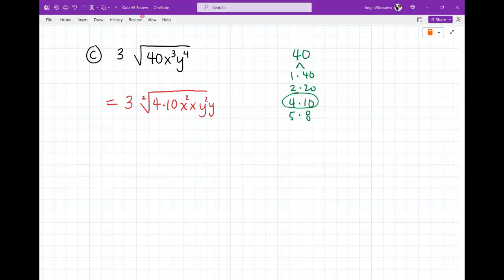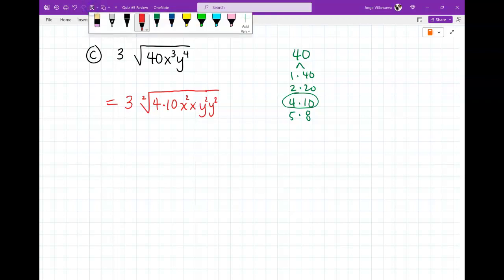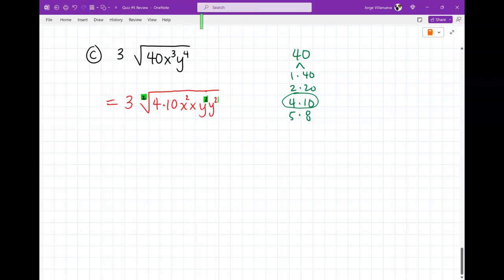Y squared, y squared. So let me just highlight this really quick just so we can do that on our next step. The ones that have powers of 2, those letters are going to come out. Okay? So there'll be an x that comes out, a y, and another y. Okay, so 2 y's will come out, 1 x will come out.